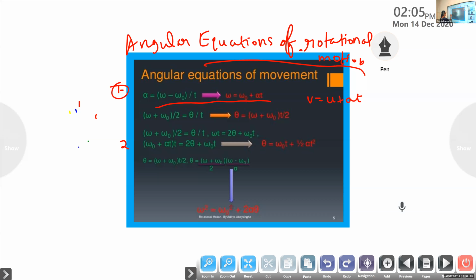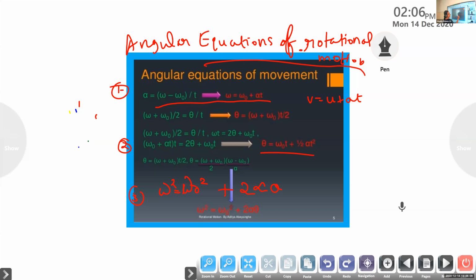This is the second equation of motion. Okay. And this is the third equation of motion, that is omega square is equal to omega 0 squared plus 2 alpha theta. That's the third equation of motion.